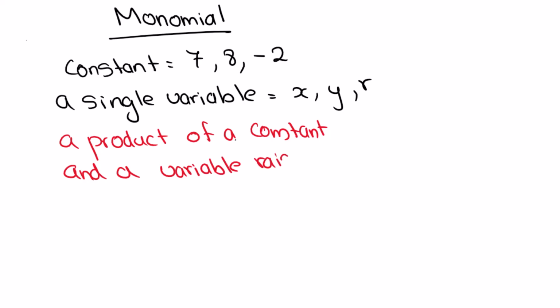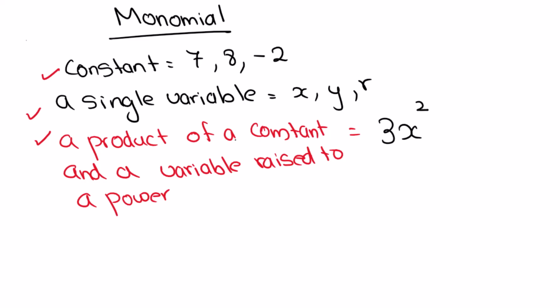Variable raised to a power. Example, 3x squared. So a monomial should consist only of a single term.